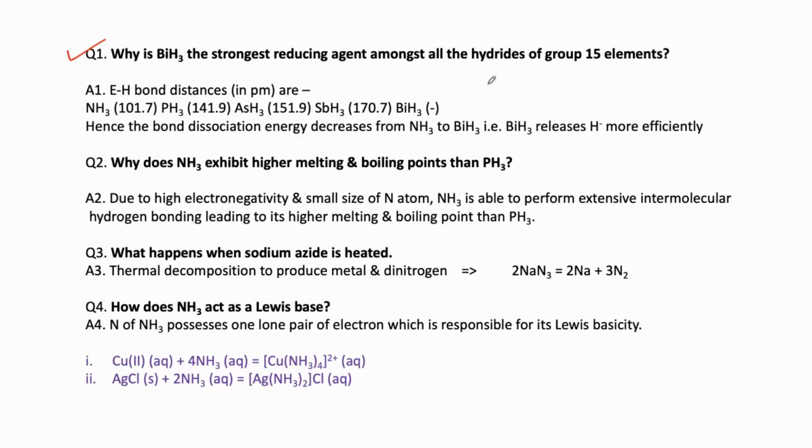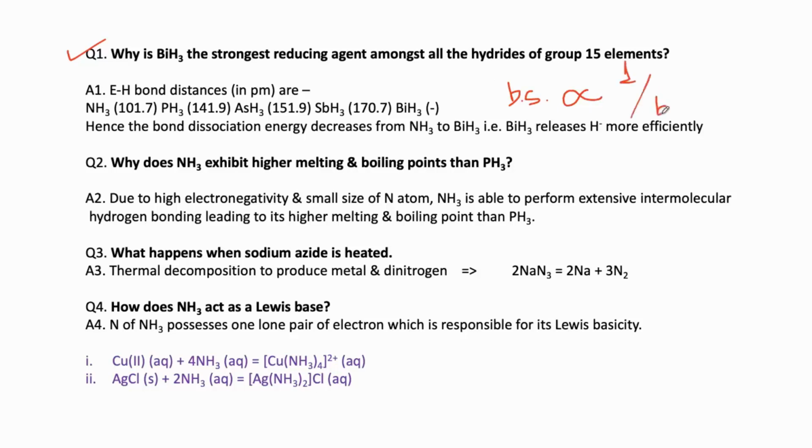As we see, from nitrogen to bismuth, the bond distance between the central atom and the hydrogen is increasing. And you know any bond strength is inversely proportional to the bond length.